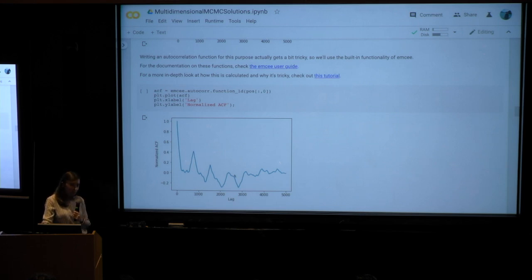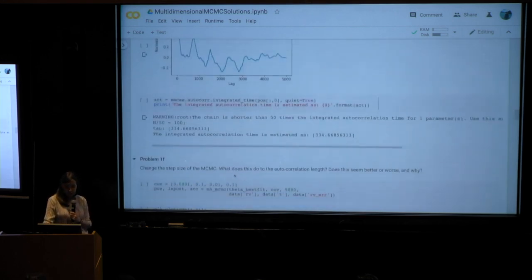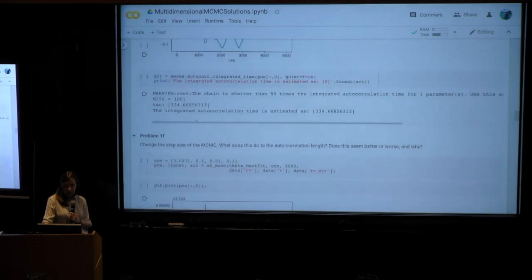So that, again, is another way of showing that you have to go a really long way, a long number of samples before you get to an independent draw. And it's calculated as something like 300 samples, although we can't necessarily trust this guess because there are not that many independent samples in this chain at all.